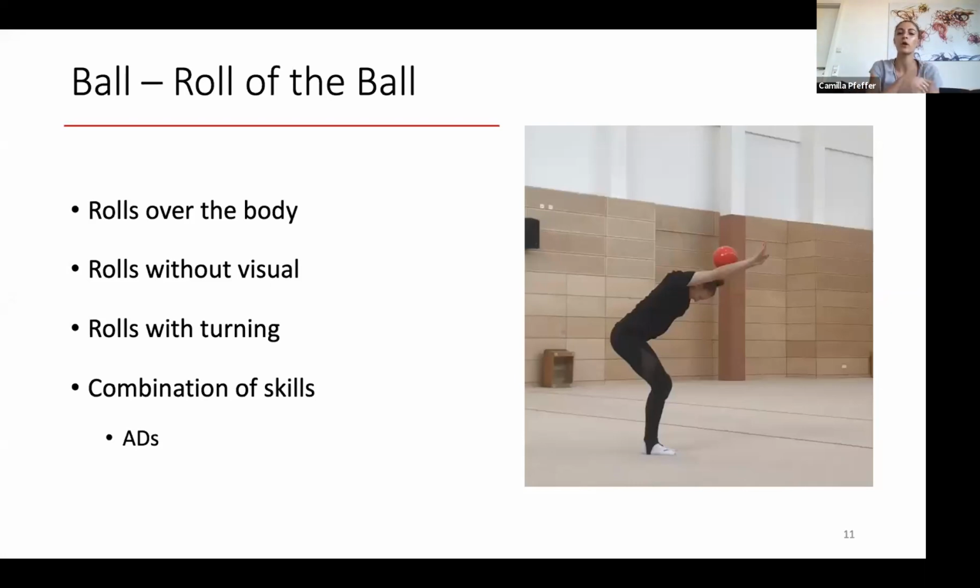With all these combinations you build up from small rolls, only over one arm, then over two arms, then in the back, then without the hands, always going from easy to difficult. In the end you can do very safe ADs if you have learned very correct techniques.